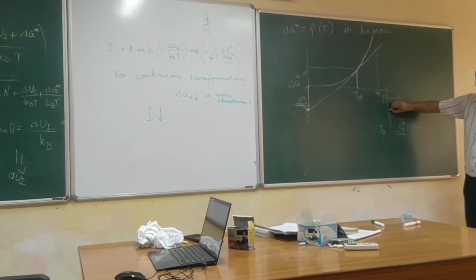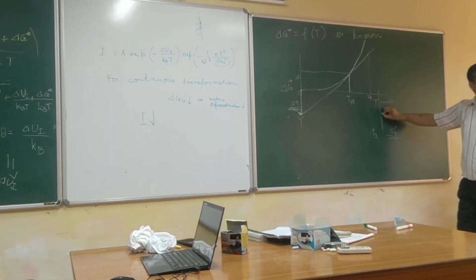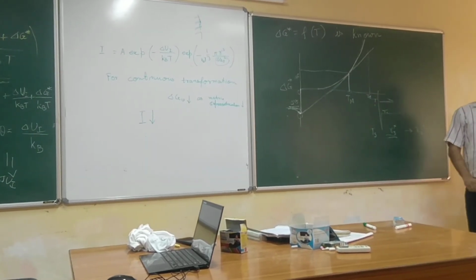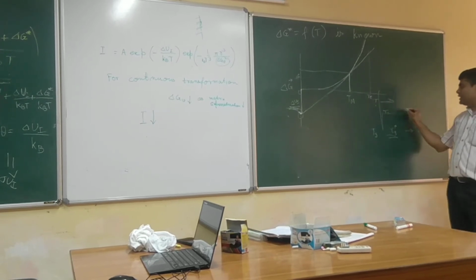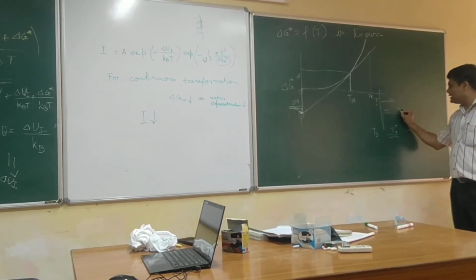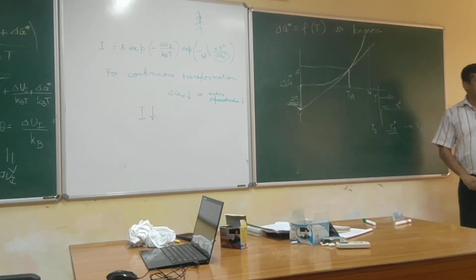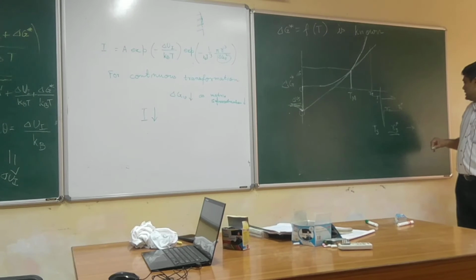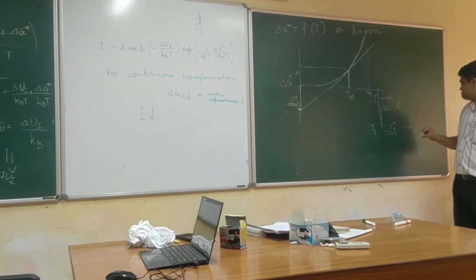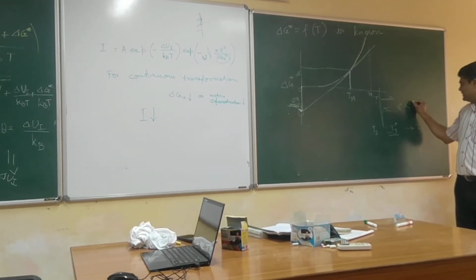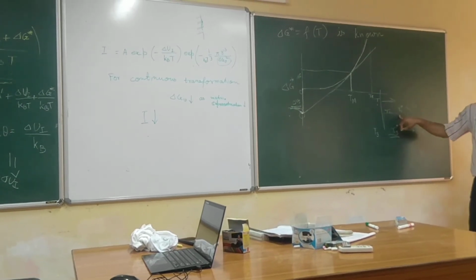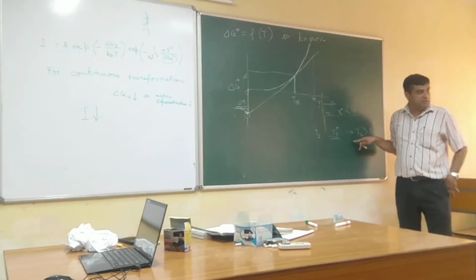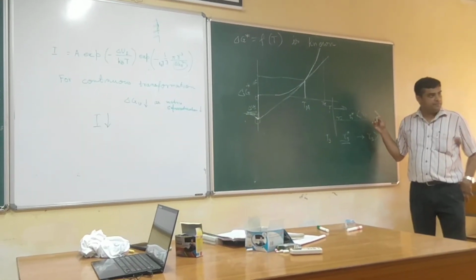Now you suddenly upquench to another temperature, say T2. This T2 will have a corresponding critical nucleus size, R2 star. If RA is greater than that, then those nuclei will keep on growing.